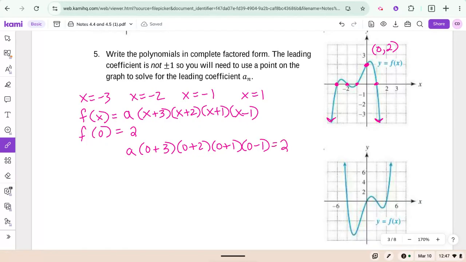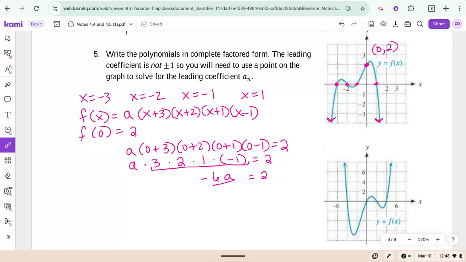Let's simplify. So I have 0 plus 3 is 3, 0 plus 2 is 2, 0 plus 1 is 1, and 0 minus 1 is -1. Now let me multiply all of these together. That's going to be -6, I believe. So -6 times a equals 2.